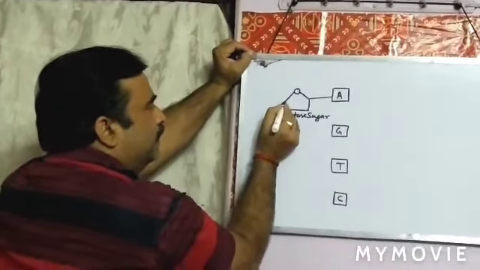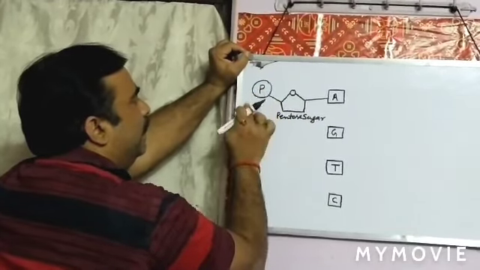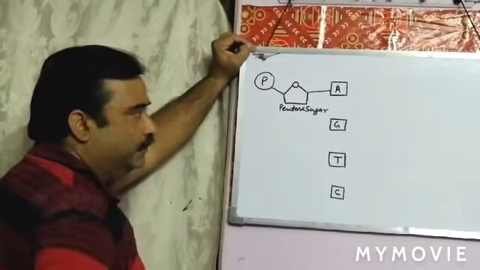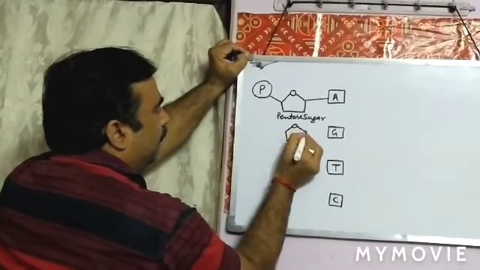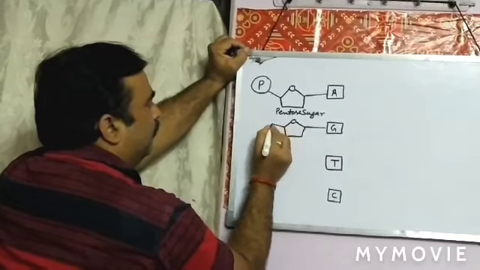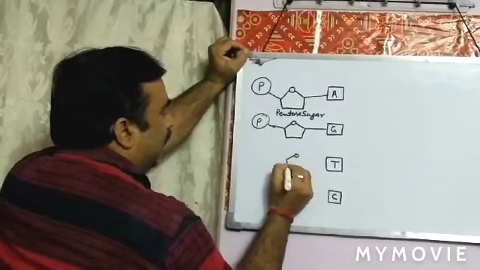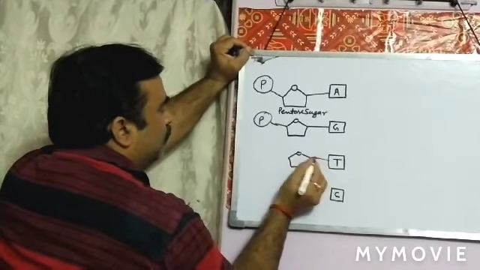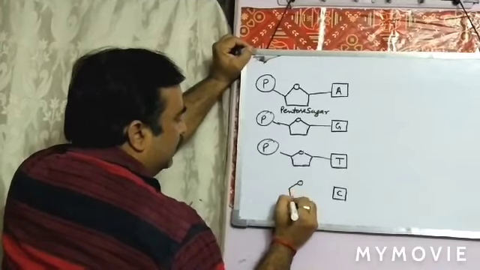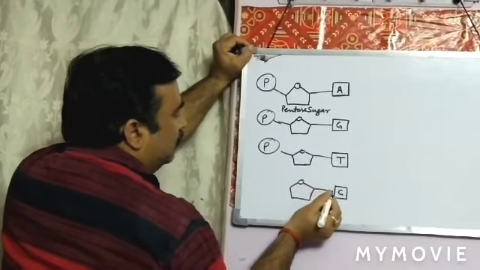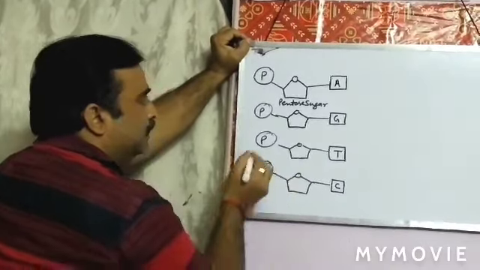And when it combines with the phosphate, they form a complete nucleotide. So by this way, the nucleotide of adenine, guanine, thymine, cytosine. Clear?